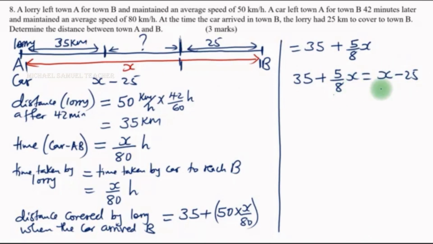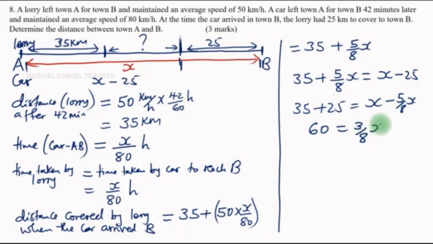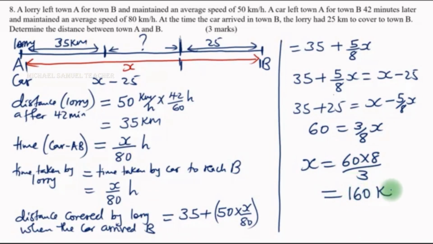Collect the like terms together, so I have 35 plus 25 is equal to x minus 5 over 8x. Therefore, this is 60 is equal to 3 over 8x. So x will be 60 times 8 divided by 3. So this will end up being 160 kilometers. So the distance between A and B is 160 kilometers.